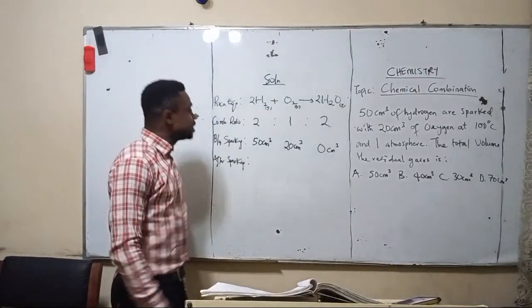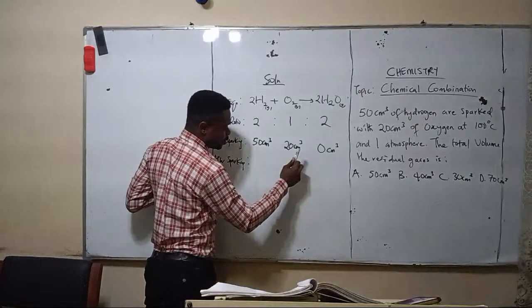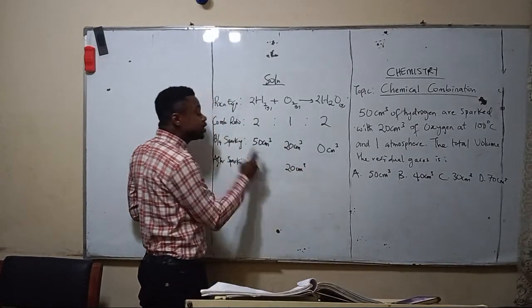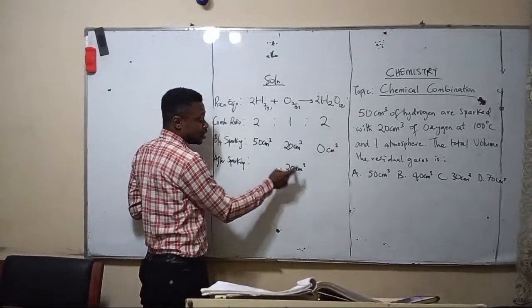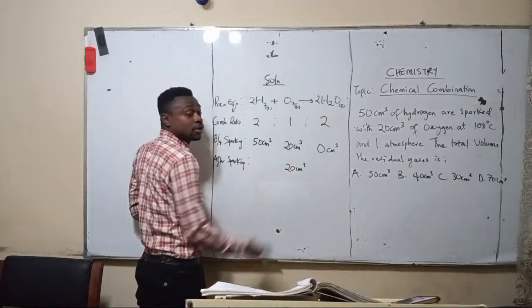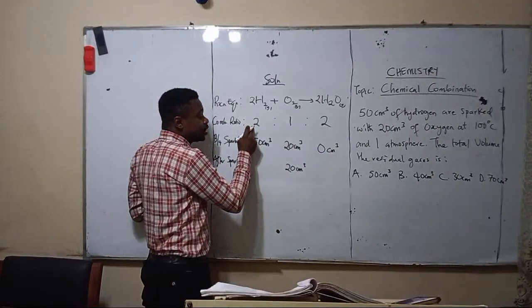oxygen. So that means, since the volume of oxygen is 20 cm3, only twice the volume of this oxygen will react as hydrogen. Because oxygen is 1, hydrogen is 2.